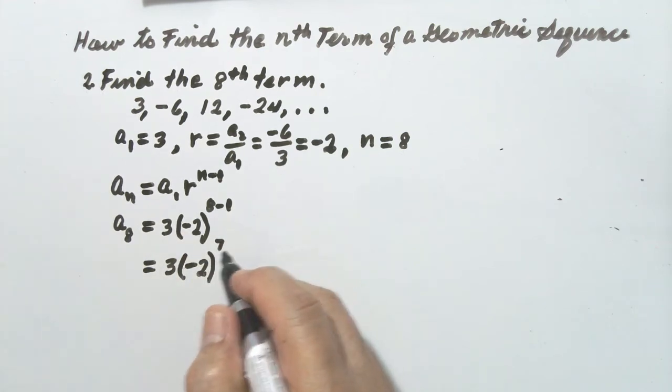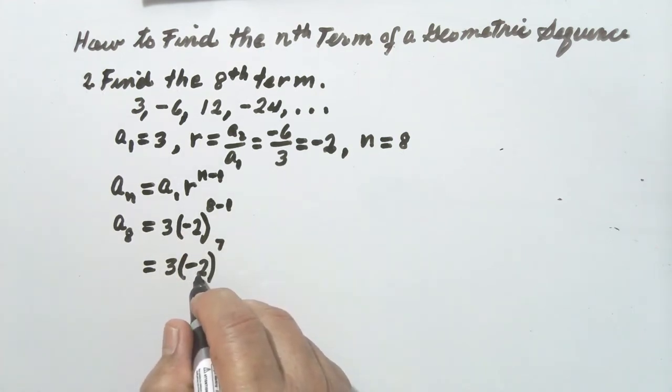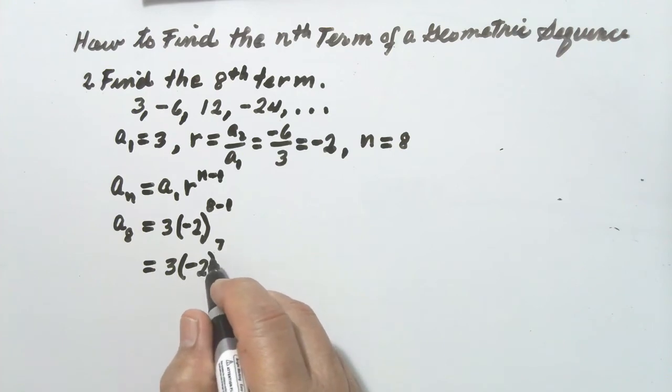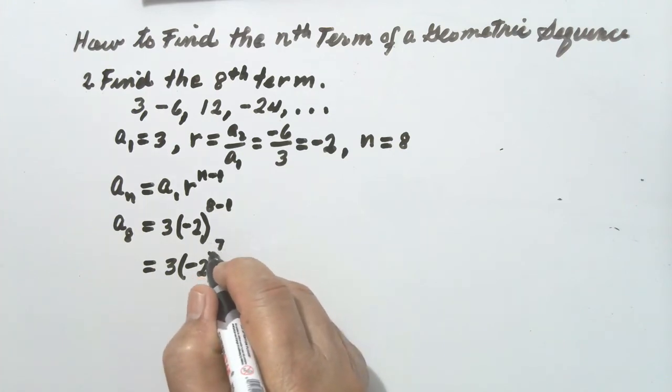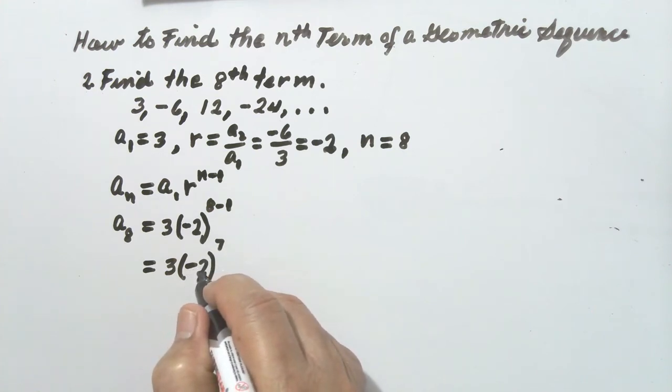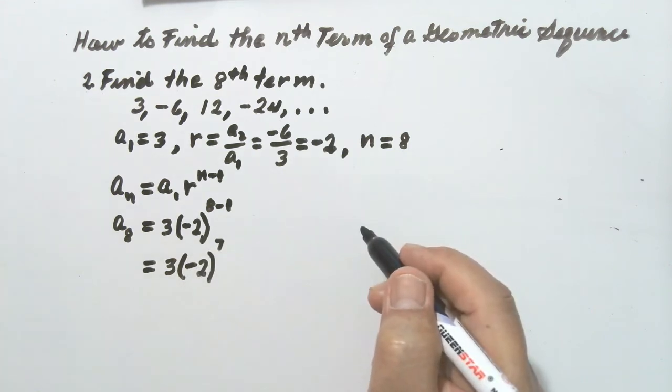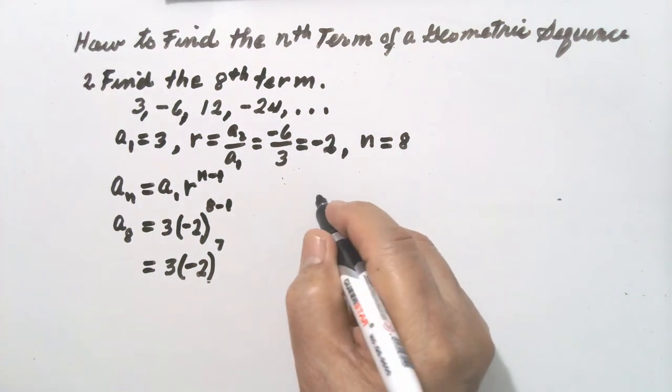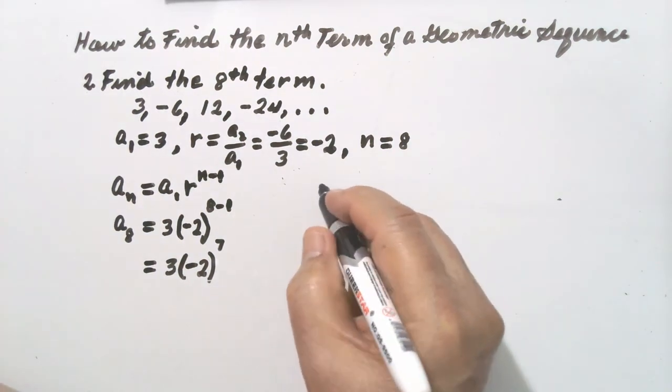This means multiply negative 2 by itself 7 times. Since this is an odd number and this is negative, we expect a negative product. Let us multiply negative 2 by itself 7 times here.